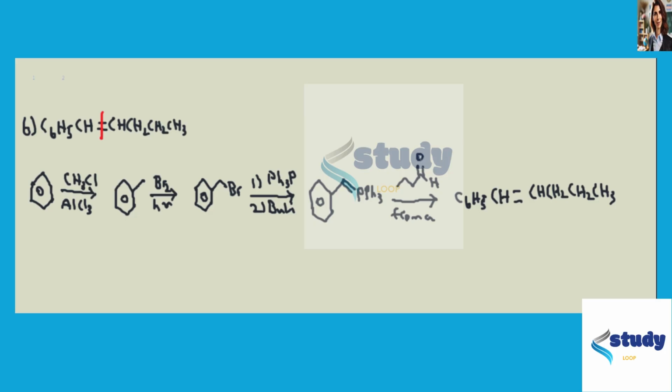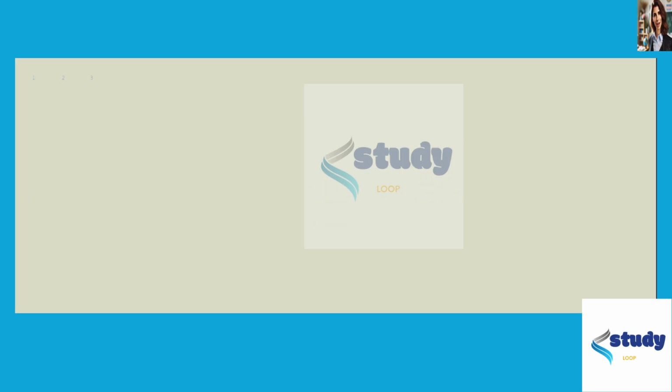Rather than try to crowd C on, I'll give C its own page as well. Again, we're just going to do exactly what we've done so far. The product that we're asked to make in C looks like this. We should think about deconstructing it across this double bond, and then making the two pieces that we're going to need.